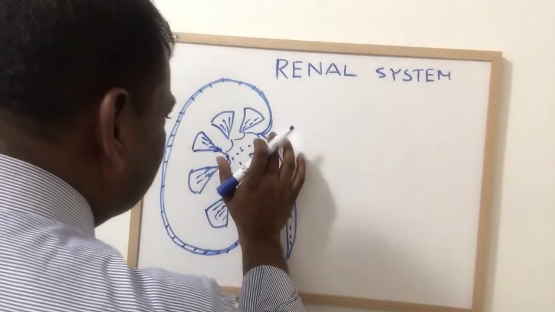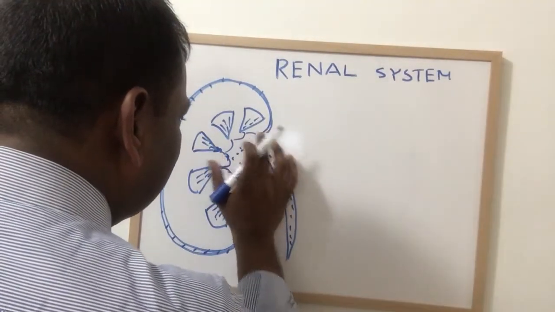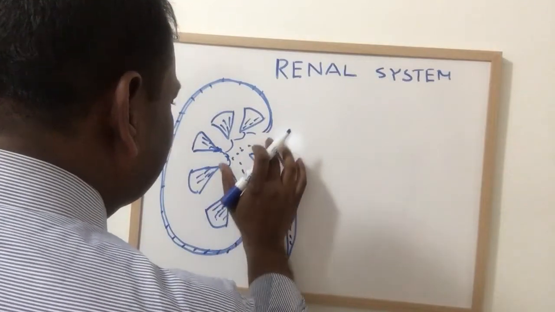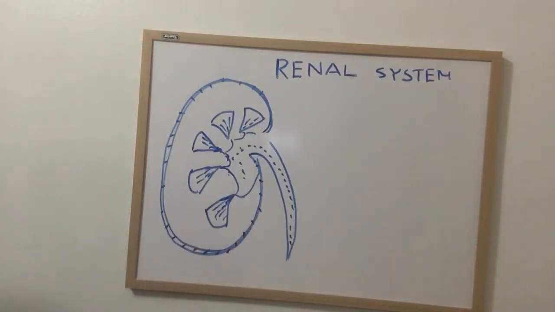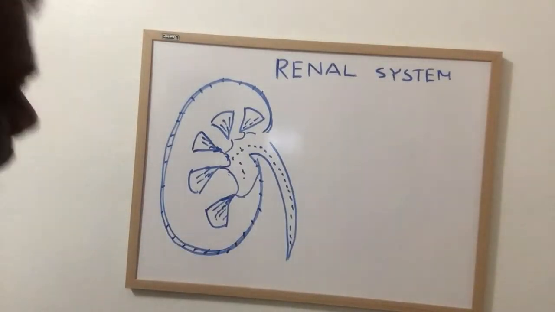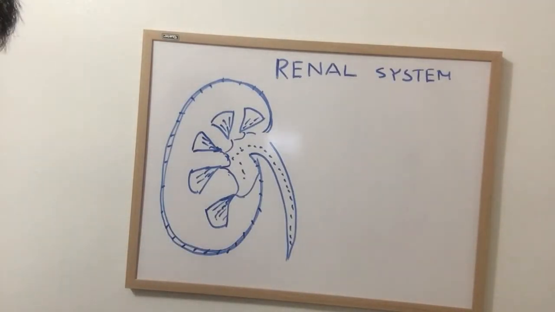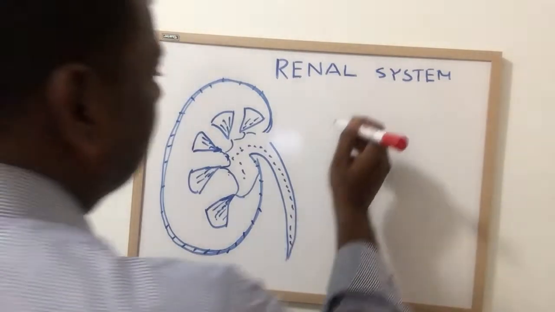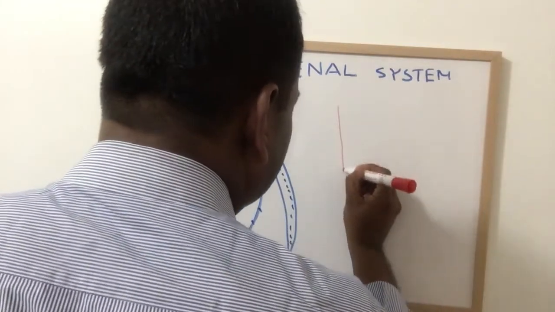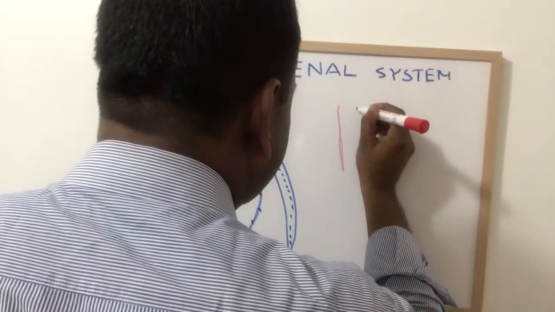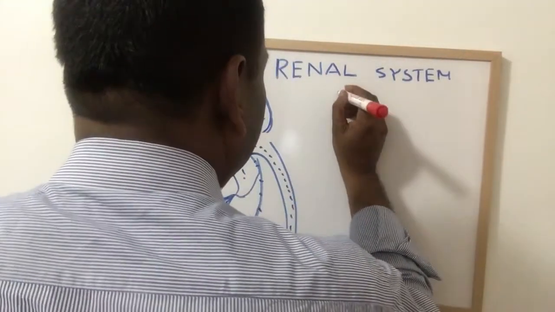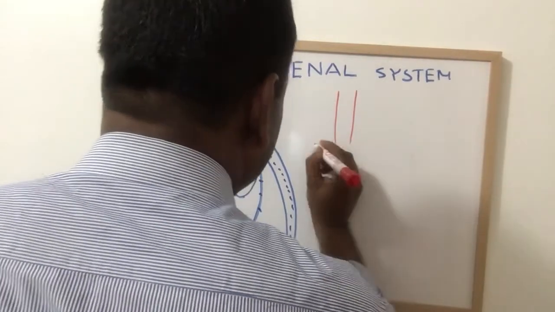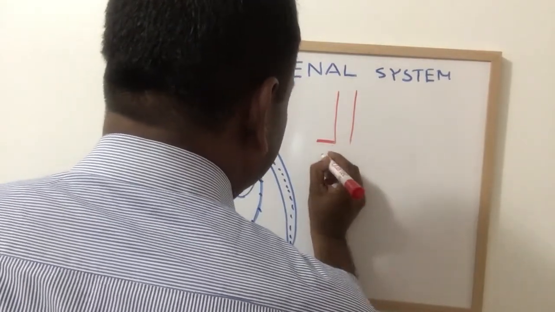If I show you, this is the hilum area. And how does blood enter there? This is the renal artery. Of course, it breaks down here.